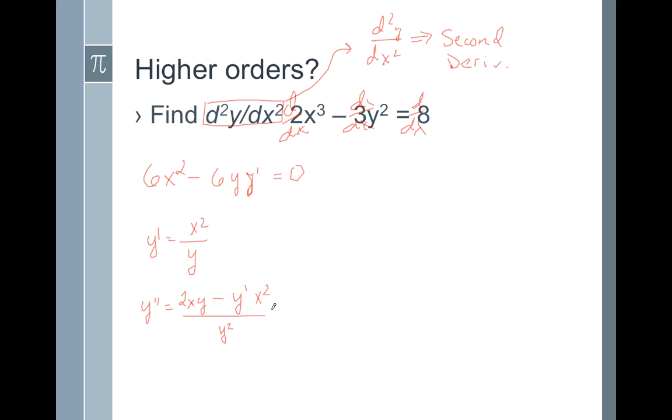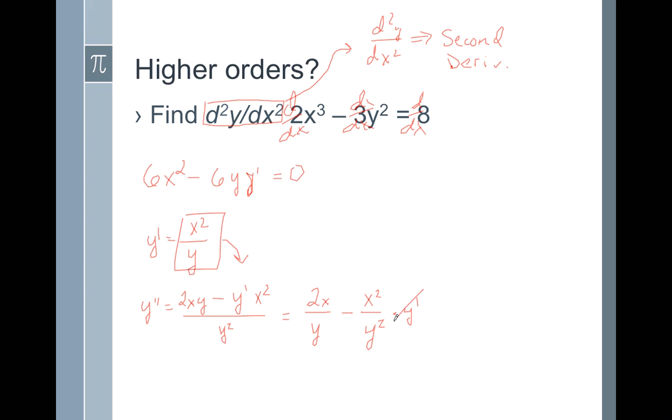Now, we have to do some extra stuff here because I can't use an equation for y double prime with the equation of y prime in it. But I know what y prime is. So here's what I want to do. I want to first split this fraction apart. So I got 2xy over y squared. So I get 2x over y minus x squared over y squared times y prime.